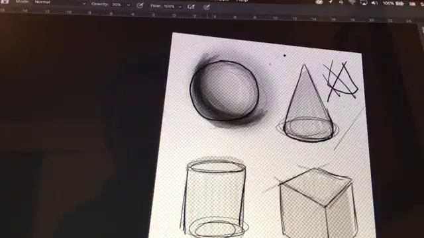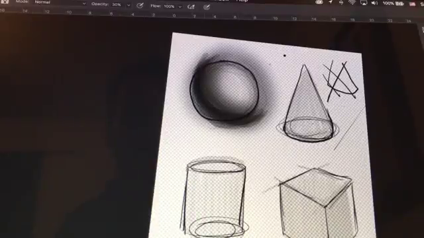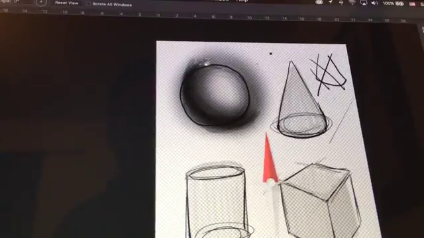So I think that in order to communicate a 3D object, which is what we're trying to do, right, a 3D object on a two-dimensional surface like a piece of paper, we have to understand some key things about value.